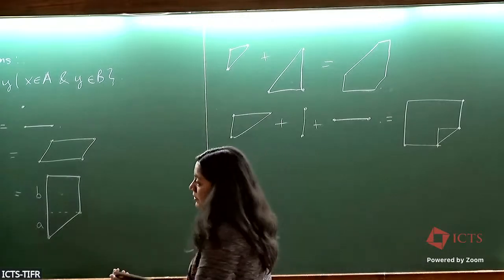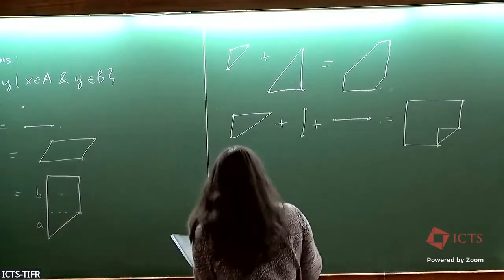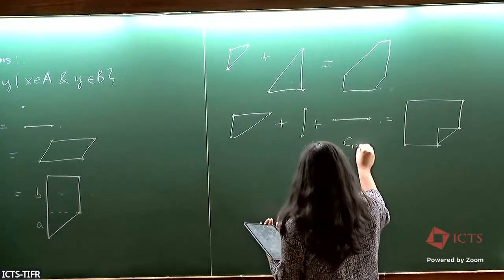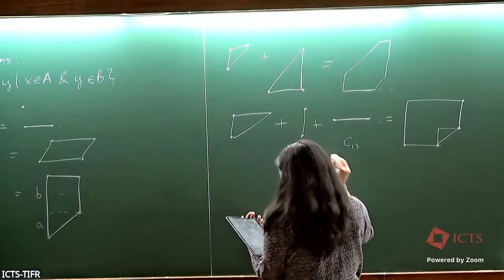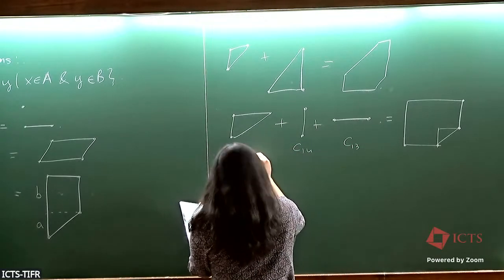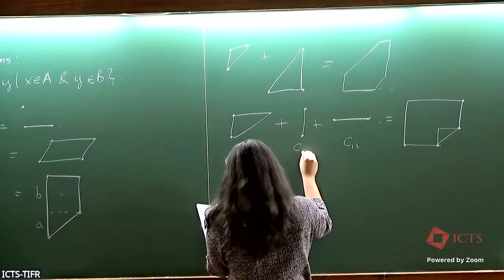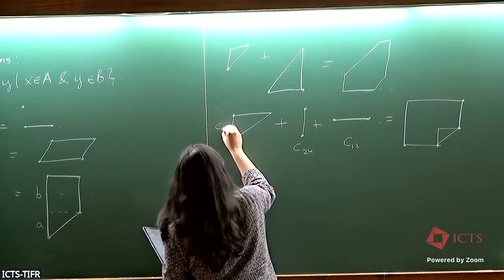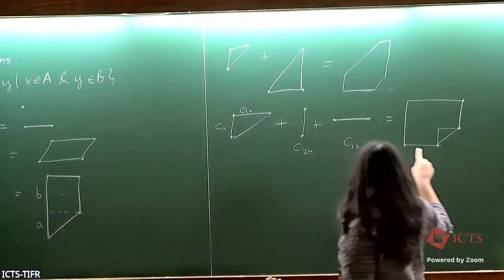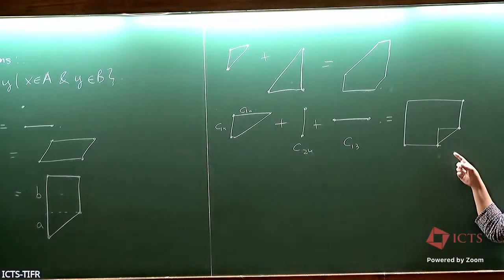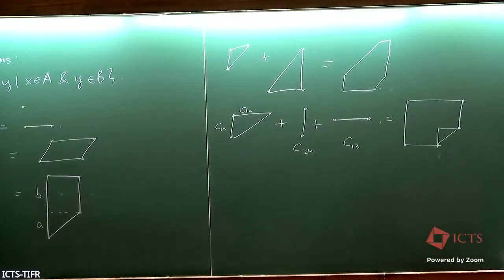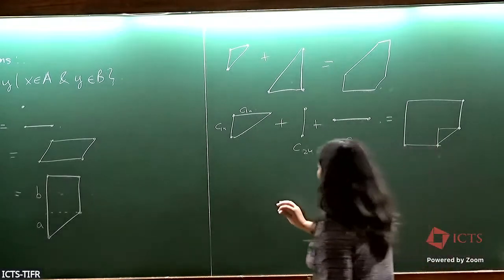And just to match with what you have over there, the horizontal line is C13, this is C14 in length, and this is C24, and both these sides are C14. And then this will become exactly the n equals 5 associahedron.